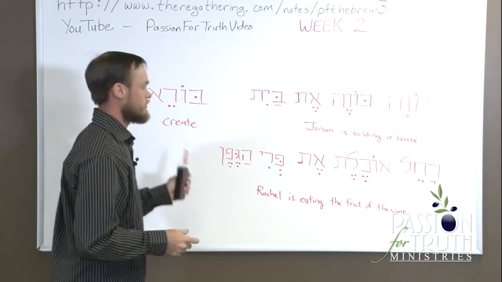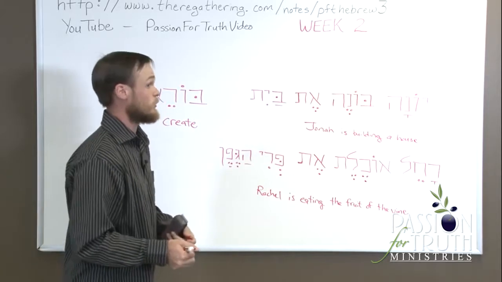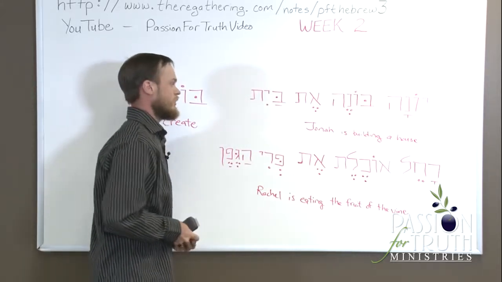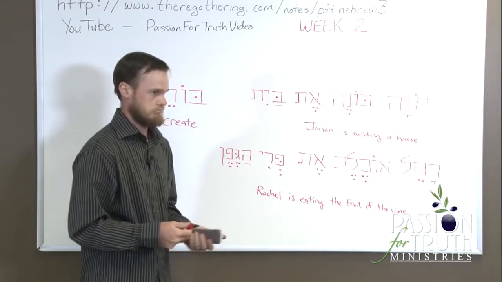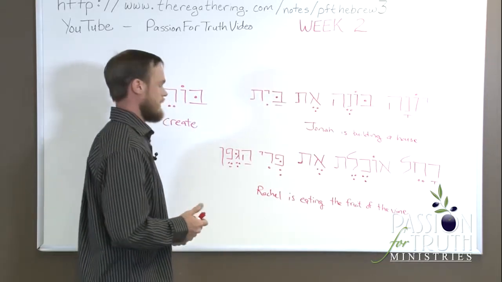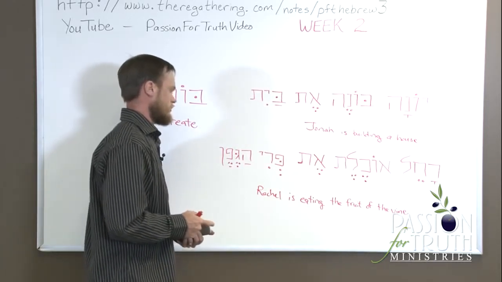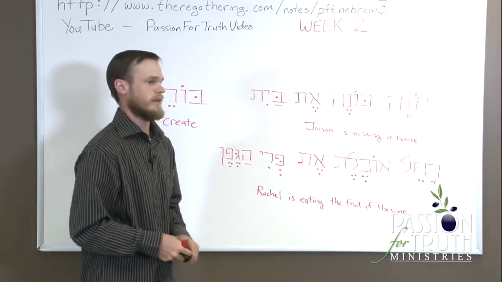Okay, you may notice though that in that prayer they don't use et, although they could. They very well could. In the prayer the context doesn't make it necessary. You know, the notion that the fruit of the vine is creating the king of the universe.